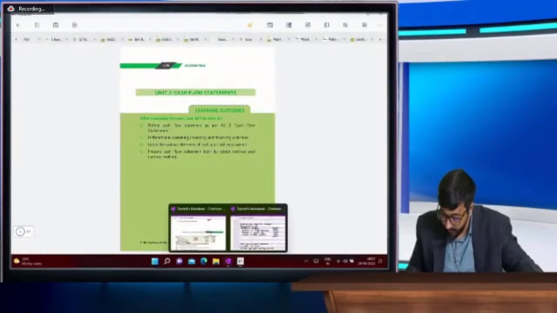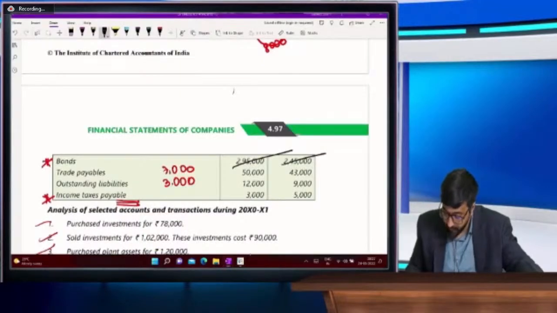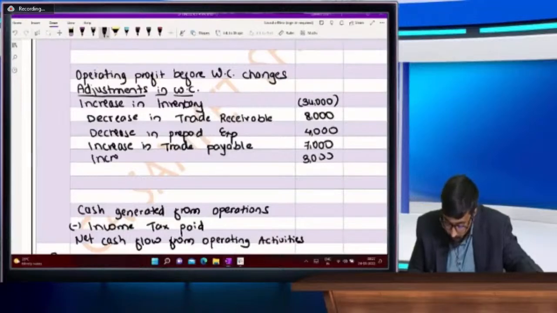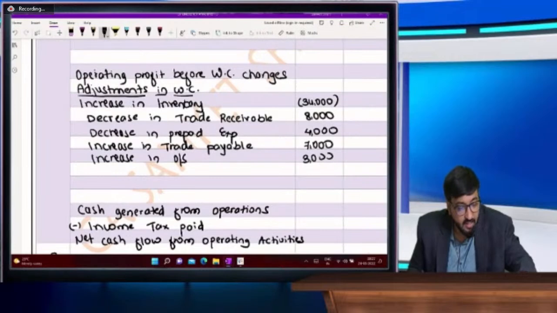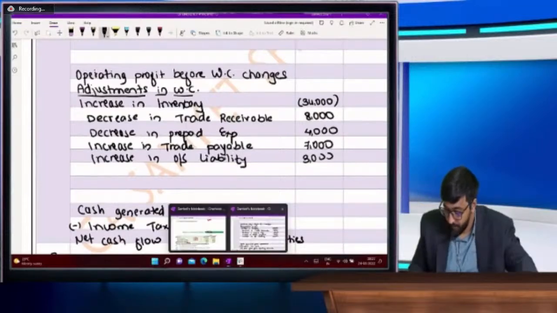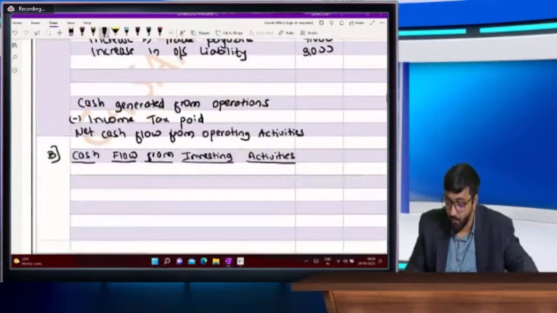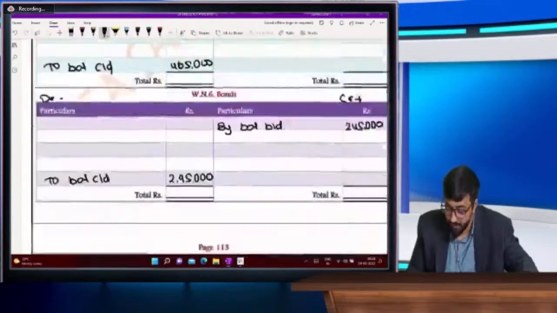After that, increase in outstanding liability 3,000. And income tax account is open and it's a nominal account, so no opening balance.